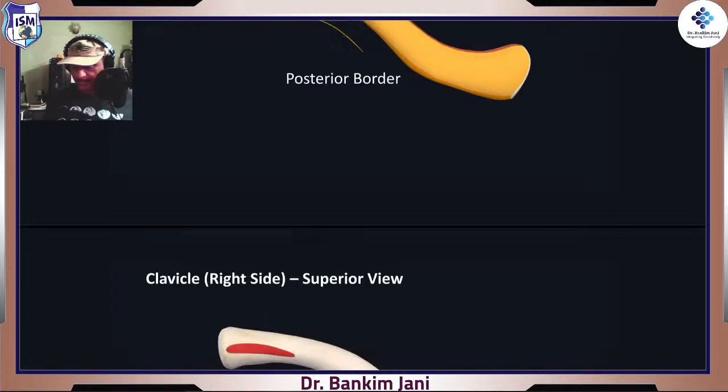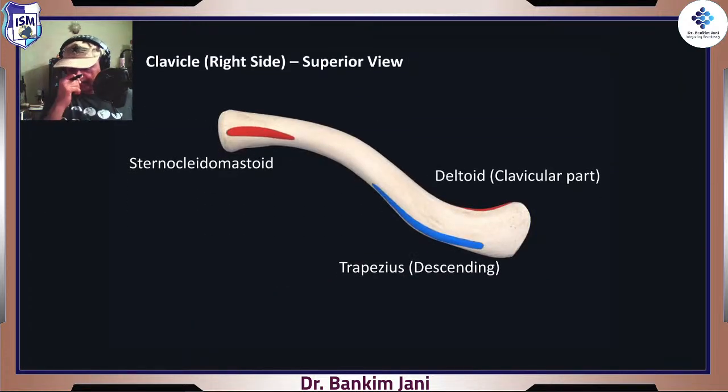Okay, here it is, who is connected. The muscles of the neck, here it is, the sternocleidomastoid, because it is going straight into the neck, so it has to be onto the superior surface. Done, right? This is the sternocleidomastoid. And then see the trapezius.